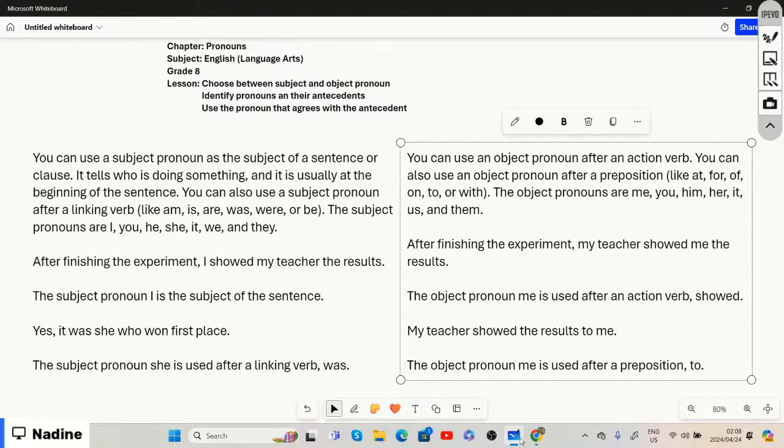The subject tells us who is doing something, and the subject is usually at the beginning of the sentence.